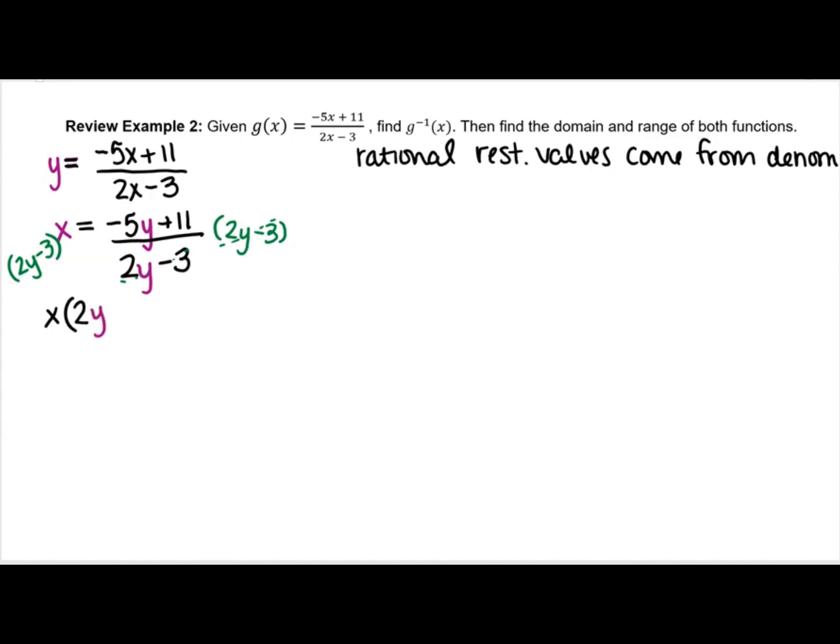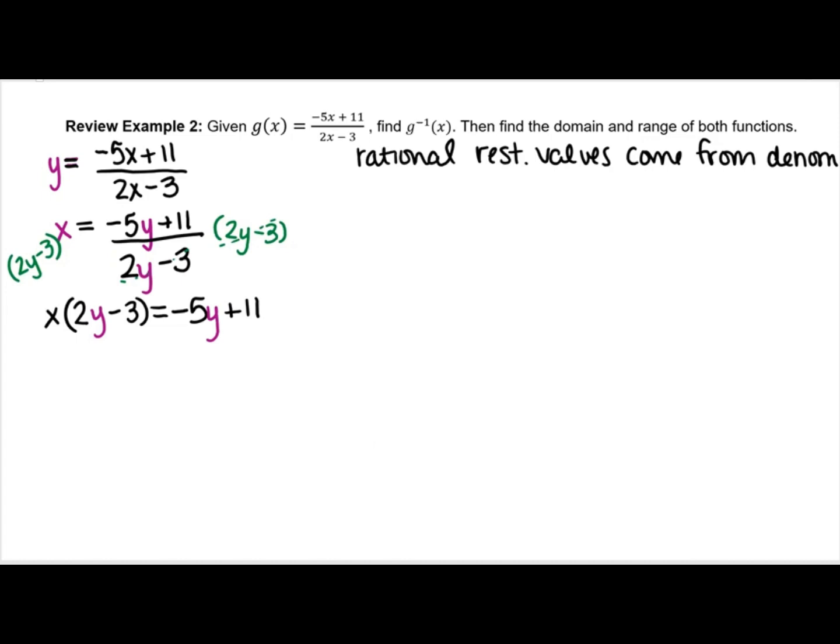2y minus 3 equal to negative 5y plus 11. Okay. Because we have y's showing up everywhere and we need to get our y's to one side and everything without a y to the other side of the equation, we need to take care of this x.